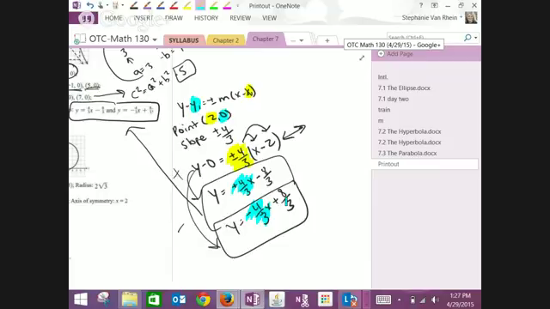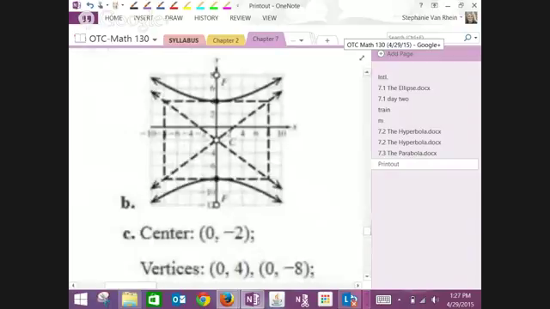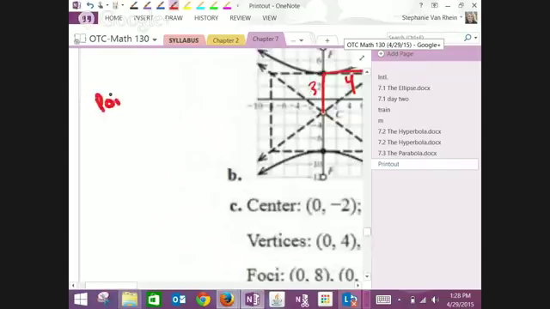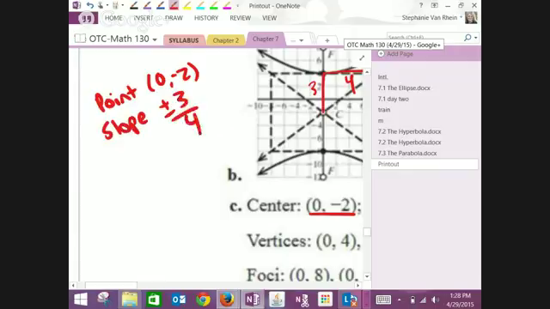Number 5 is also like that. The center in this case is 0, minus 2, and the slope would be up 1, 2, 3, and run 1, 2, 3, 4. So here I have the point 0, minus 2, plus or minus 3 over 4.